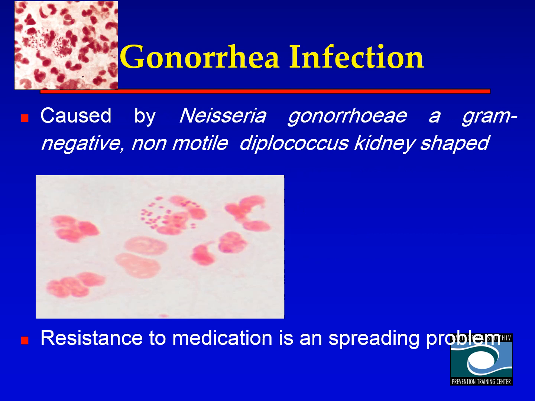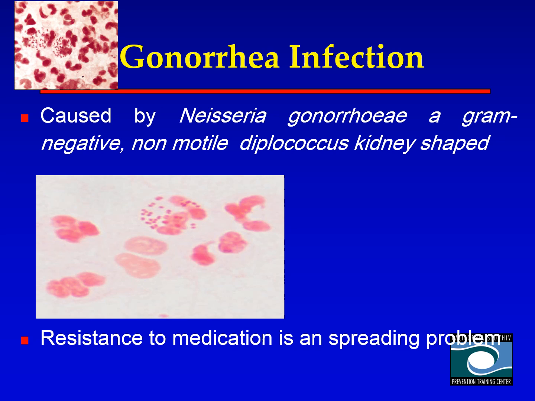The second important bacteria that causes sexually transmitted disease is Neisseria gonorrhoeae. The Neisseria genus contains two pathogenic bacteria, and also contains many commensal bacteria. These commensal bacteria inhabit the upper respiratory tract and alimentary tract.